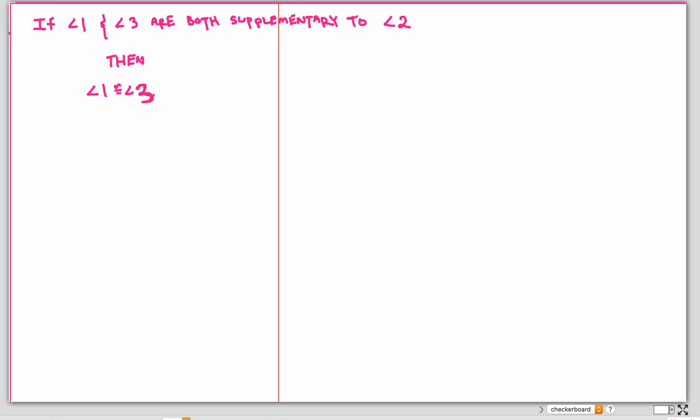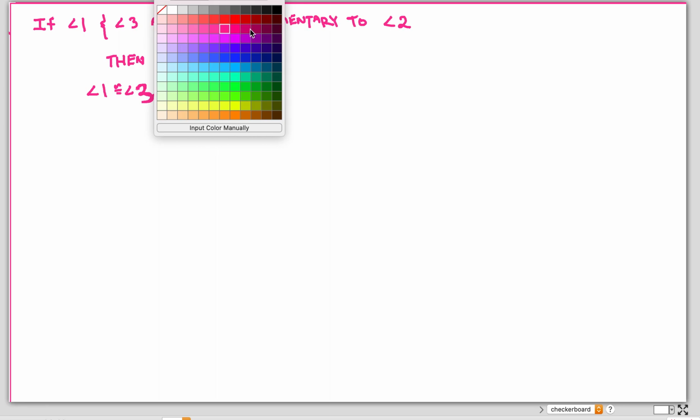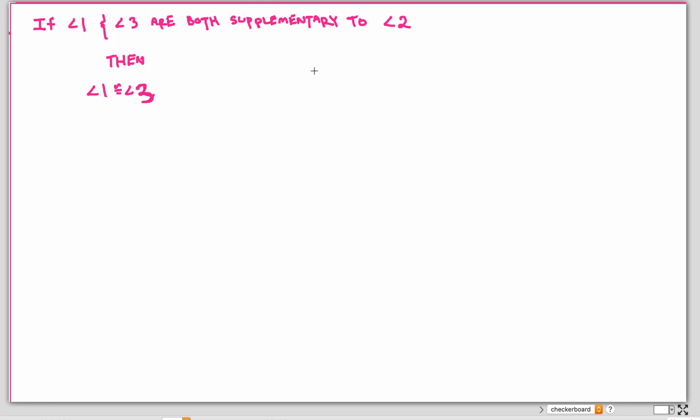Here, the picture also says everything. If you have an angle like this, this is angle 1, and then you have some other angle, angle 2.